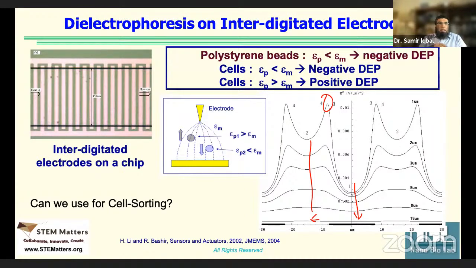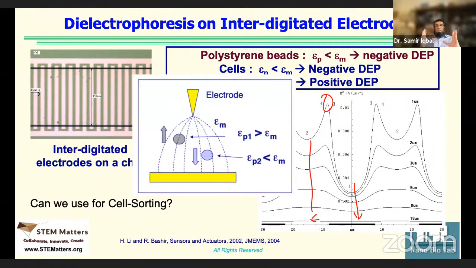And that's again a scale shown on the right-hand side, where the forces change as we move away from the electrode. And that can be used, and it has been used, to separate out particles based on their dielectric properties. So red versus blue is showing you the direction. The basic idea is that their dielectric constant would be used to separate them out in a given system, and that can be used for cell sorting.